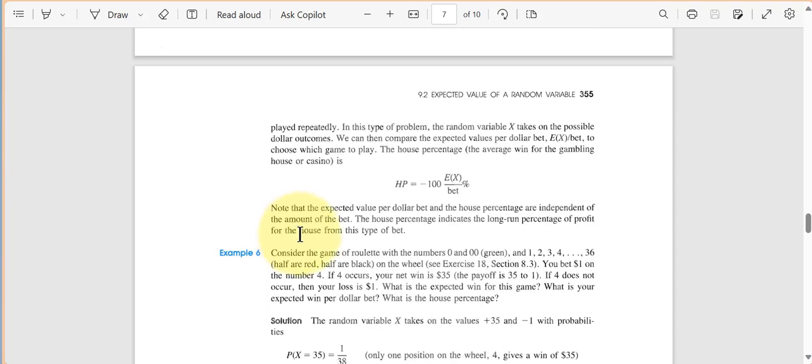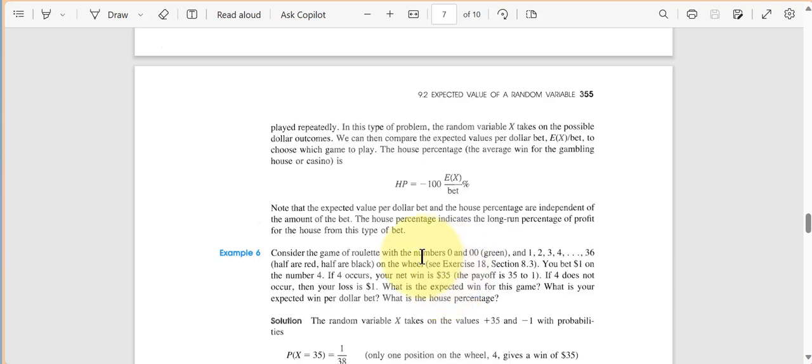Okay, you can also do this for a roulette wheel. So, roulette wheel is for gambling. And roulette wheel has these 36, so you can bet on one of these 36 outcomes. And then there's two more outcomes which they label 0 and 00. Now the way that it works is if you bet $1, for example, on the number 4, and if 4 occurs, then your net win is $35.